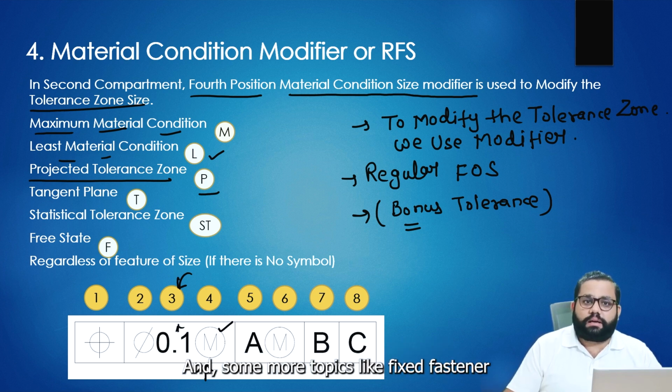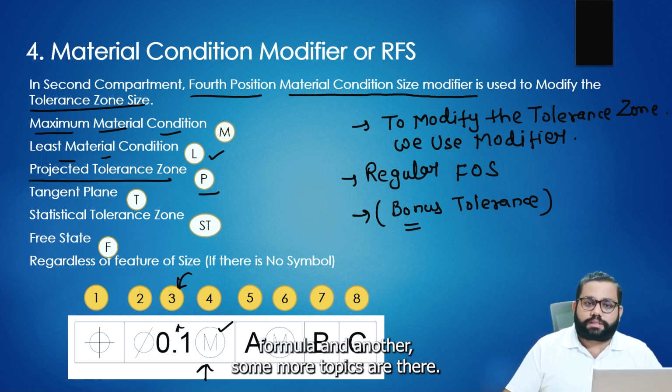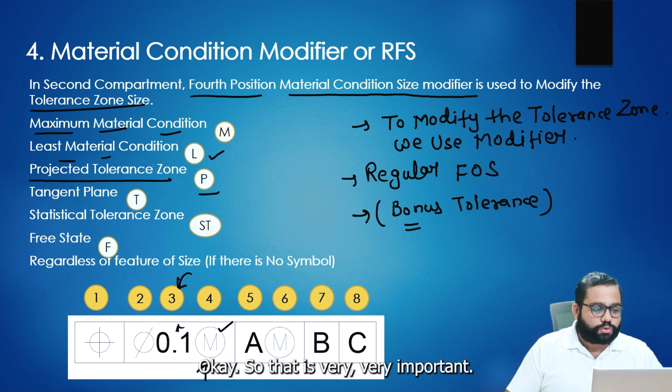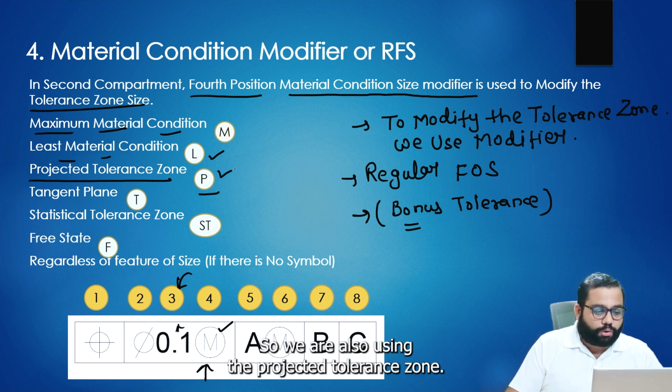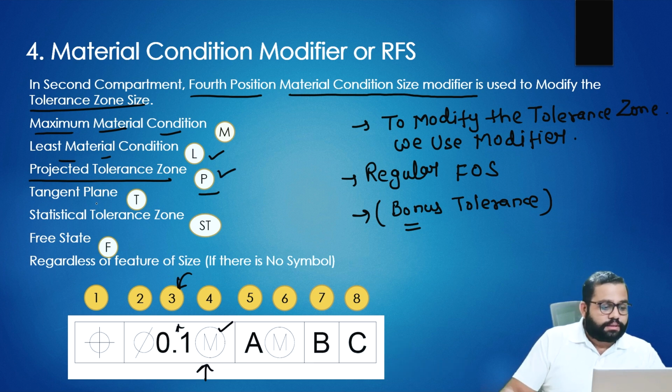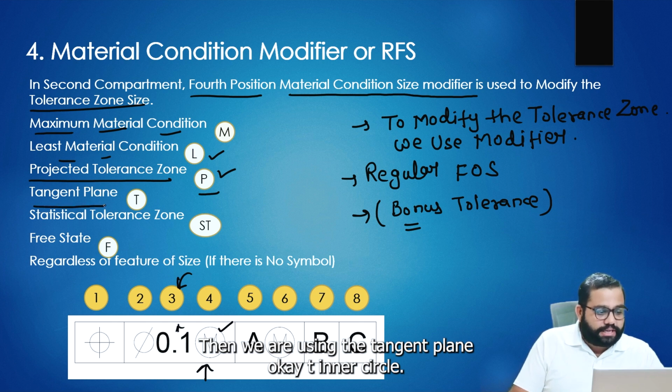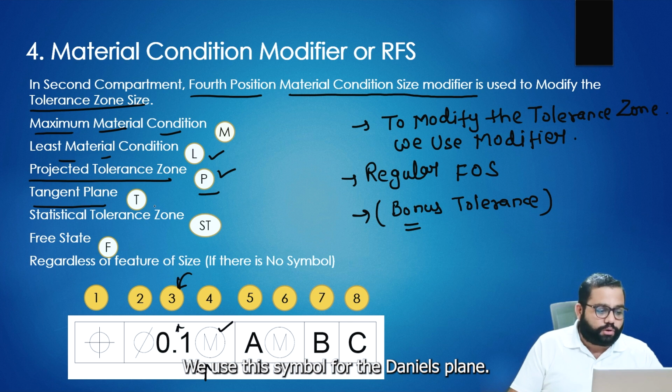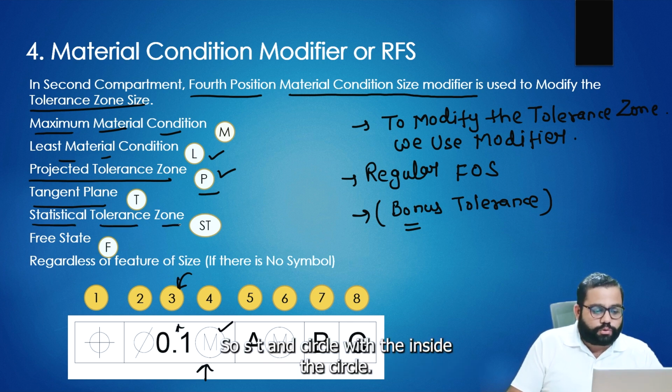There are also some more topics, like the fixed fastener formula, and that is very important. Then we use the tangent plane, with a T in a circle as the symbol.